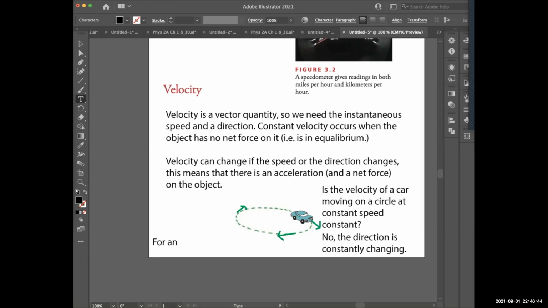There are also force vectors and acceleration vectors.